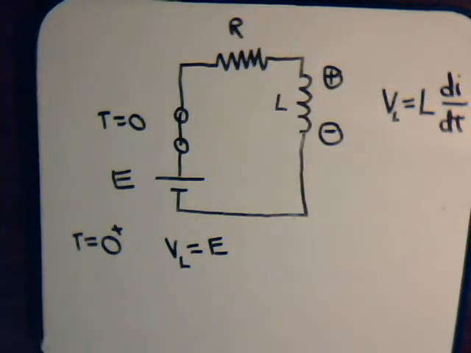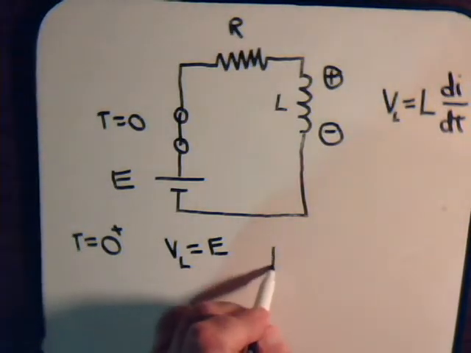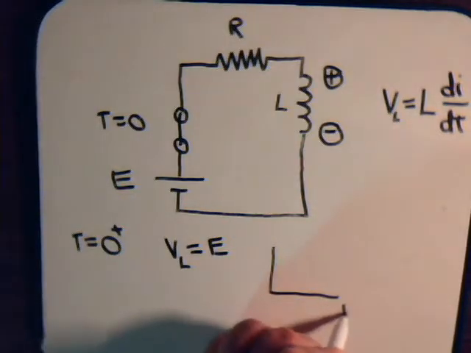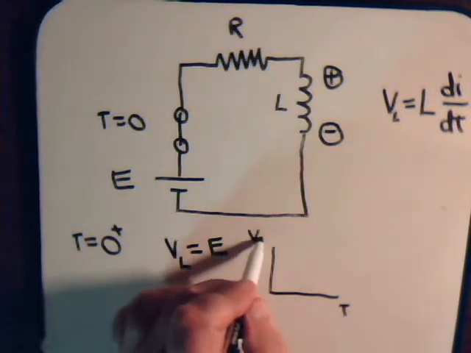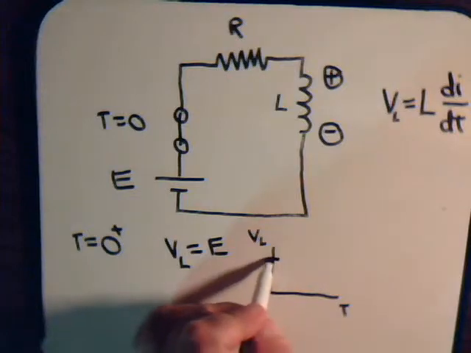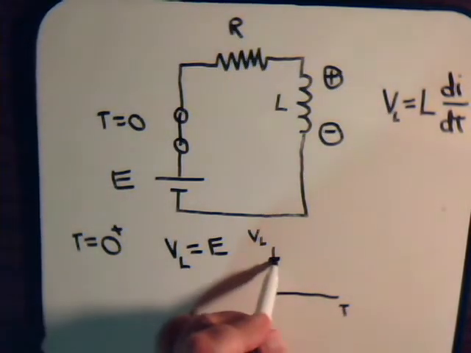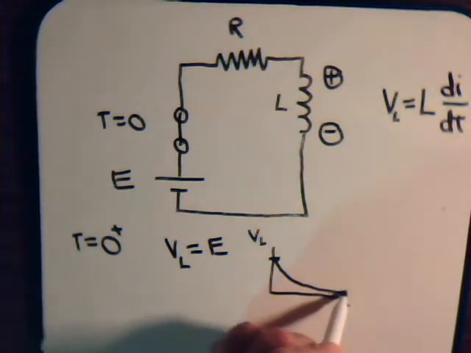It doesn't stay at this value. It looks like this over time. This is the voltage across the coil. It starts off equal to E, our battery, and it falls off like this.